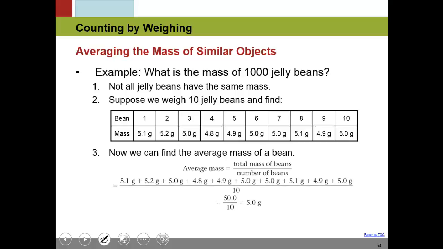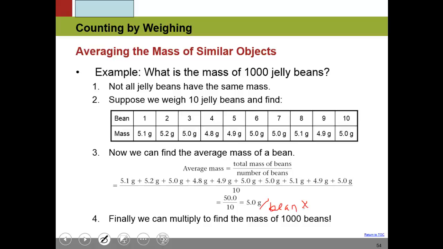We divide by 10 here, because we had 10 total jelly beans, and let's say that the average mass of a bean is 5 grams. Well, that's great, because now 1,000 beans times 5 grams for 1 bean gives us our estimate, and so we have 5,000 grams.